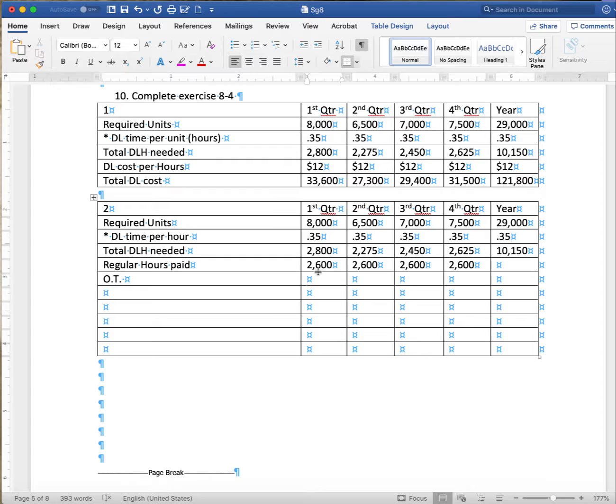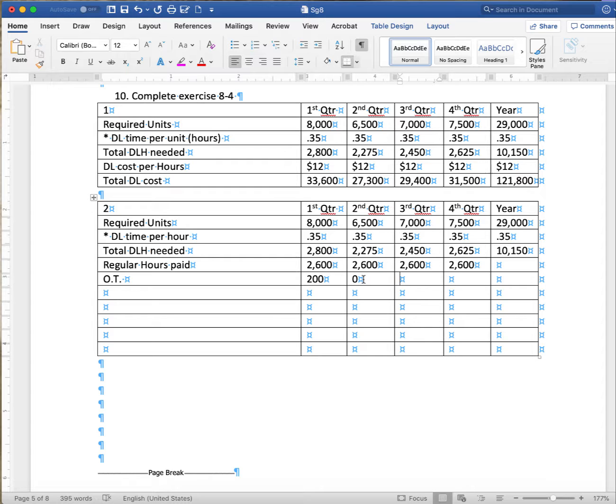They're required to work 2,600. Anything over that, they get overtime. So they're going to get overtime on 200 hours. Second quarter, no overtime. We need 2,275. Guess what? They're going to get paid for 2,600. Doesn't matter. So no overtime.